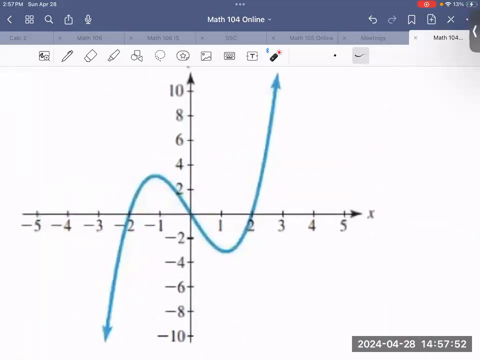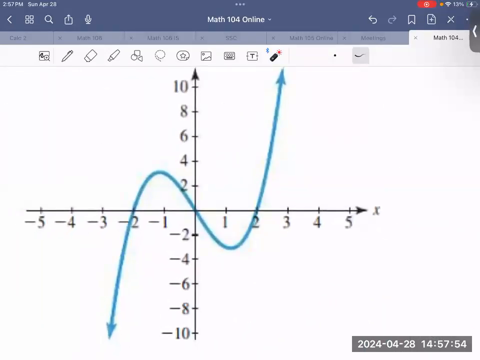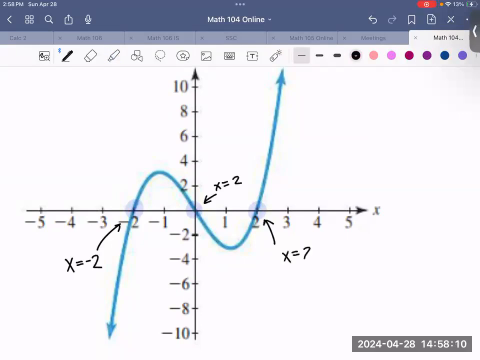So our equation here is formed from your x-intercepts. So pause the video, locate your x-intercepts. We have 3 x-intercepts here. So we have when x is equal to -2, when x is equal to 2, and x is equal to 2 here. I'm so sorry. I looked at a 2 and I said a 2.